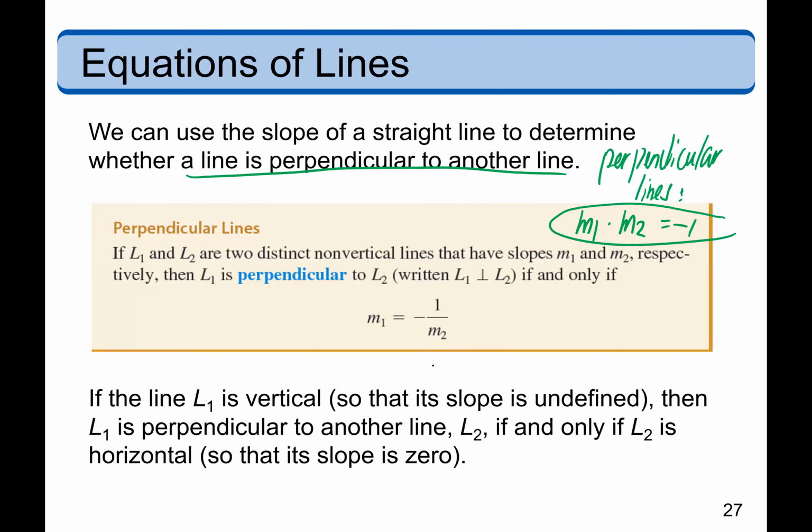That's why it's written as the slope of line number 1 equals the negative reciprocal of the slope of line number 2 when the 2 lines are perpendicular to each other.